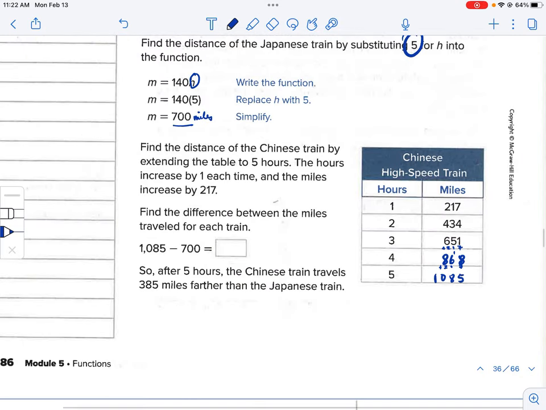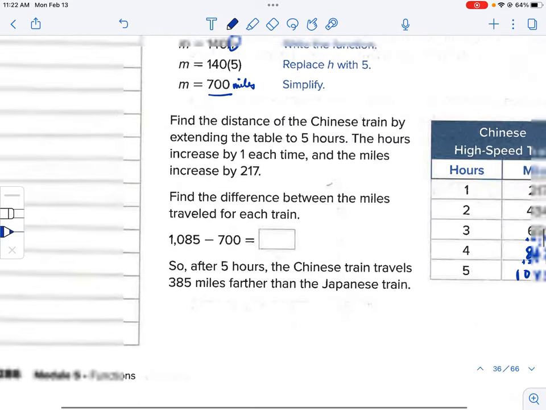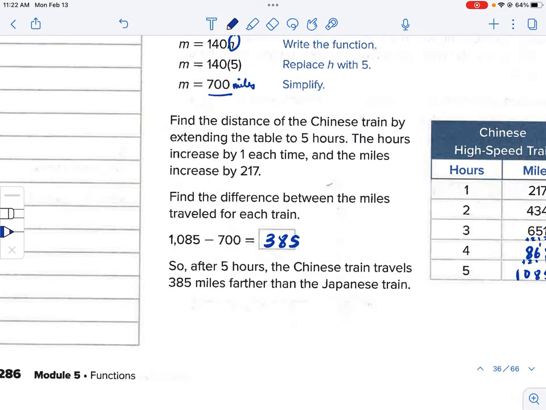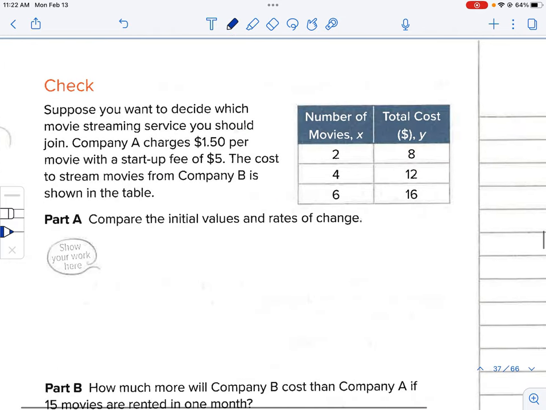So it wants to know what the difference is. So I would subtract that. And when I subtract these, I get 385 miles. The Chinese train has gone 385 miles farther. And that's what you're going to do on each one of them. So you need to find the slope and the y-intercept for each one of them.